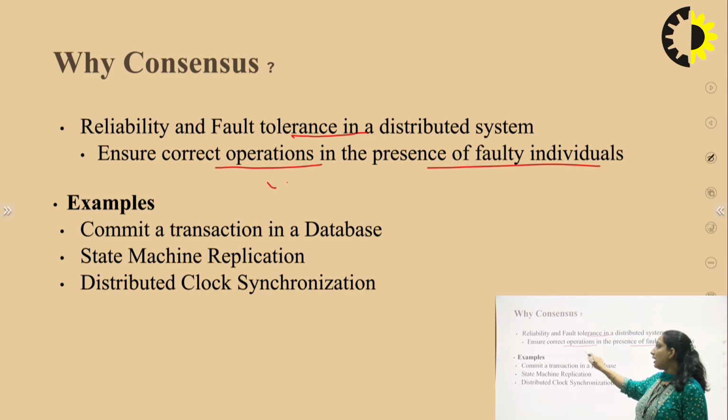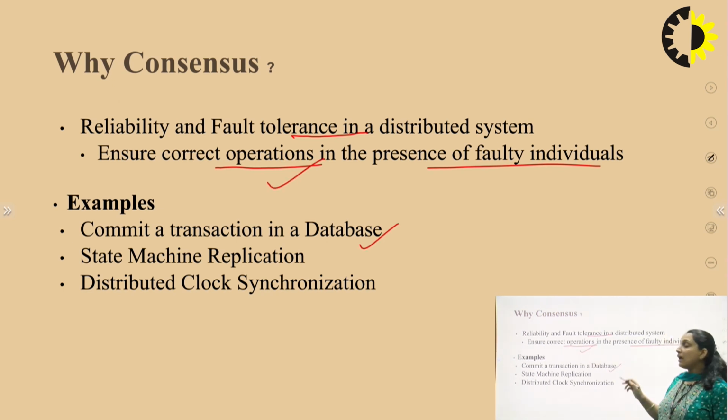A real scenario example of this is committing our transactions in a database. For example, on a daily basis in banking systems, we have millions of transactions happening, any credit, any debit of data, anything money related.